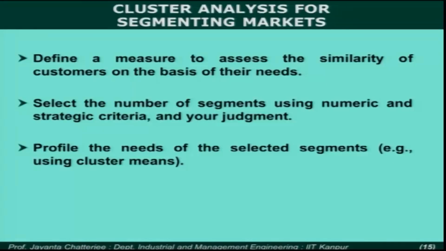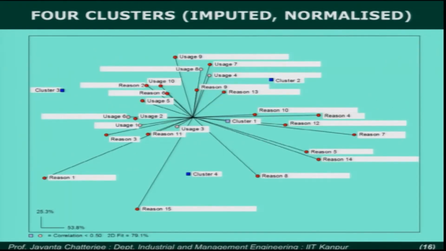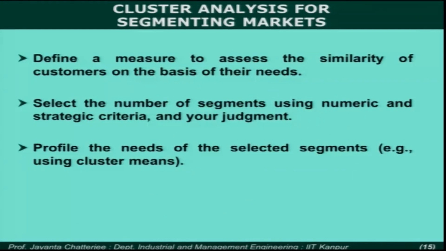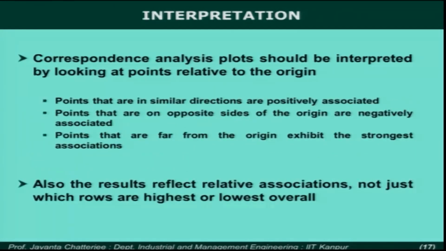So, cluster analysis for segmentation of the markets. Here I will show some numeric and strategic criteria you can use. It could be size, or annual requirement in the case of, say, industrial products. Using these different ways, this is a particular technique that we have used here. The output will be like this. So select numeric and strategic criteria, use your judgment, and profile the needs of the segments for this kind of clustering.